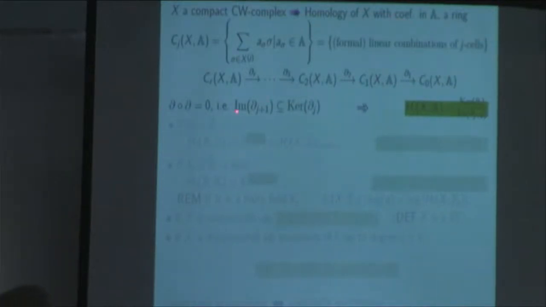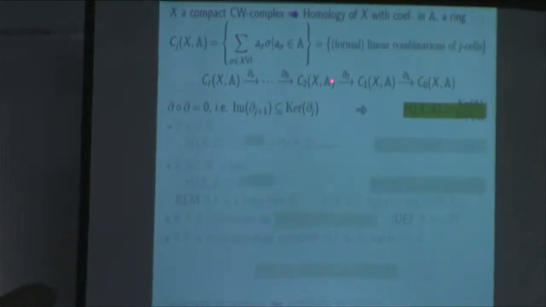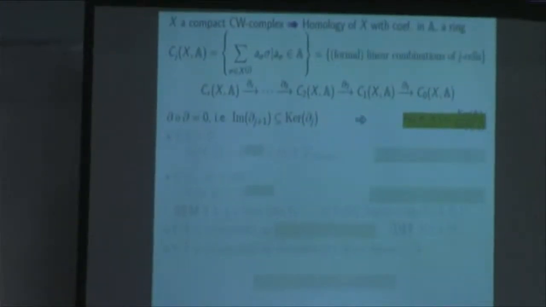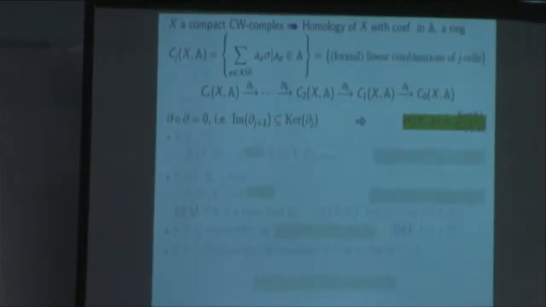So this means that the image is contained in the kernel of the next one. And the homology precisely measures the default of this inclusion to be an equality. And so one defines the homology as the quotient of the kernel of one map modulo the image of the preceding one. Okay?